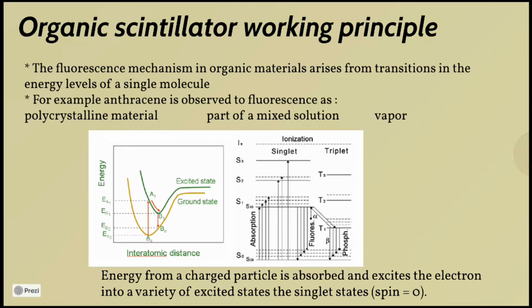Energy from a charged particle is absorbed and excites the electron into a variety of excited states. The singlet states, spin equal to 0, are labeled as S1, S2, S3 as in the figure. For organic scintillators, the spacing between S0 and S1 is 3 to 4 electron volt.